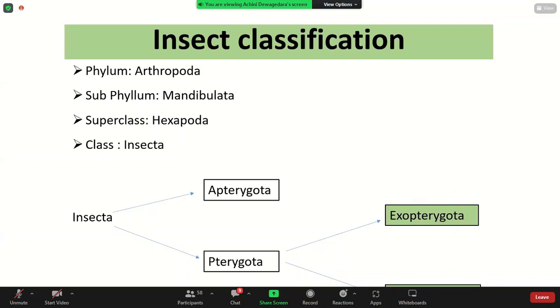So in Endopterygota, wings develop inside the body, and in Exopterygota, wings develop outside the body. Right? Did you understand this classification? Shall I explain it again?